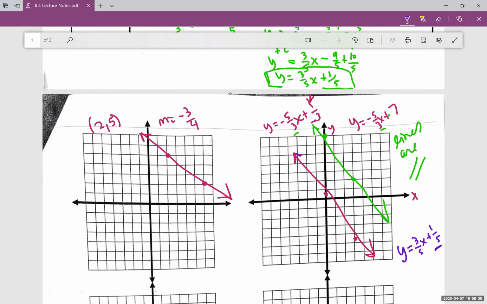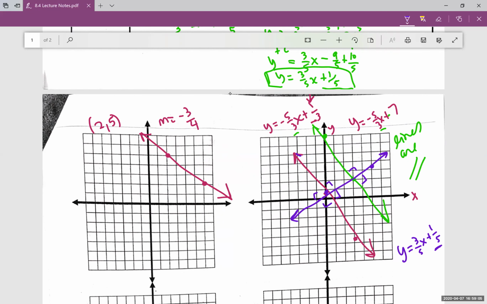It's getting more challenging all the time. And the slope is up 3 over 5. So up 3 over 5, about right there. So I have my 2 points. Now notice that this one truly is perpendicular to these 2 lines.